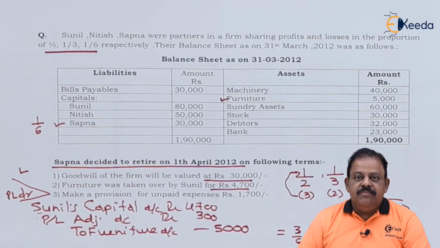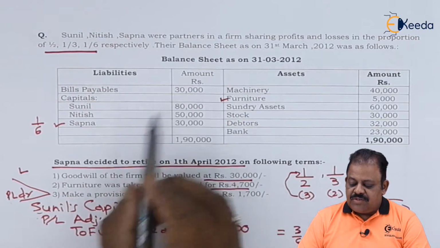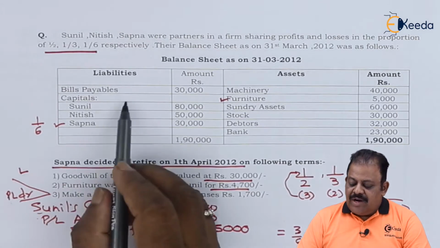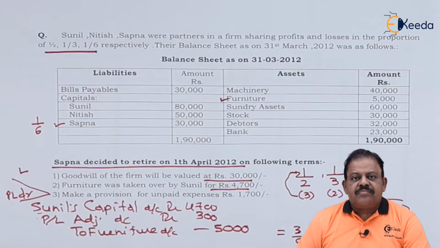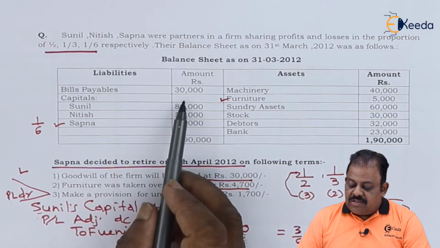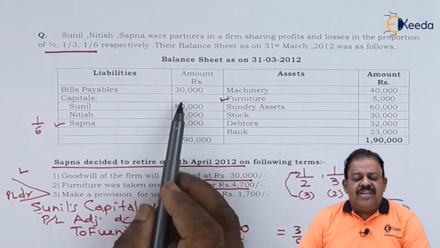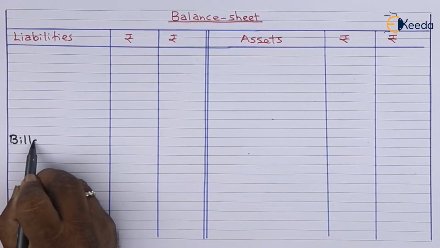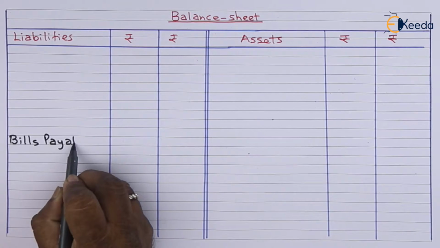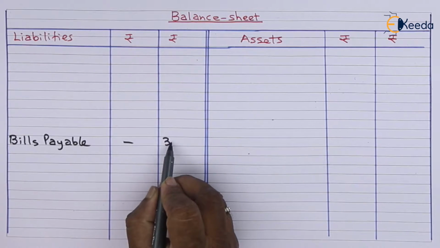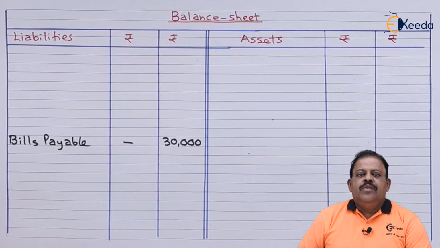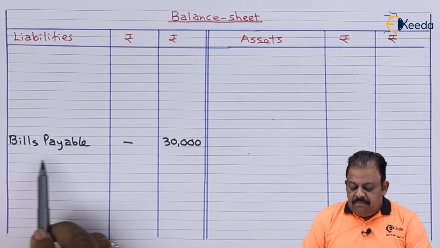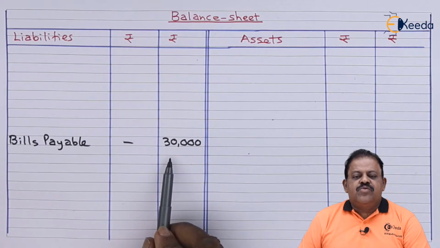Bills payable 30,000. There is no adjustment on this item, so directly we can record this in the new balance sheet on liability side, bills payable 30,000.